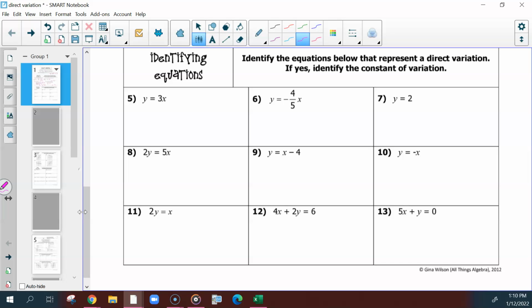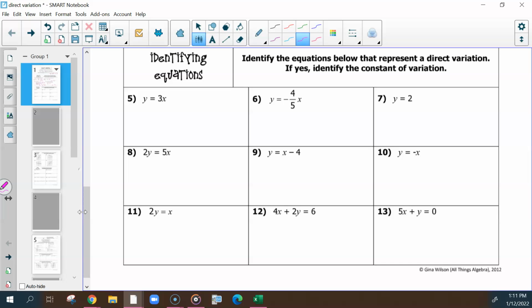Also, it has to be a line. So if you see something squared or cubed, square root, cube root, absolute value, any of those, absolute value is technically 2 lines, anyway, any other thing that's not in the form y equals mx plus b, then it would not be a line. So it has to be a line and it has to go through 0, 0.